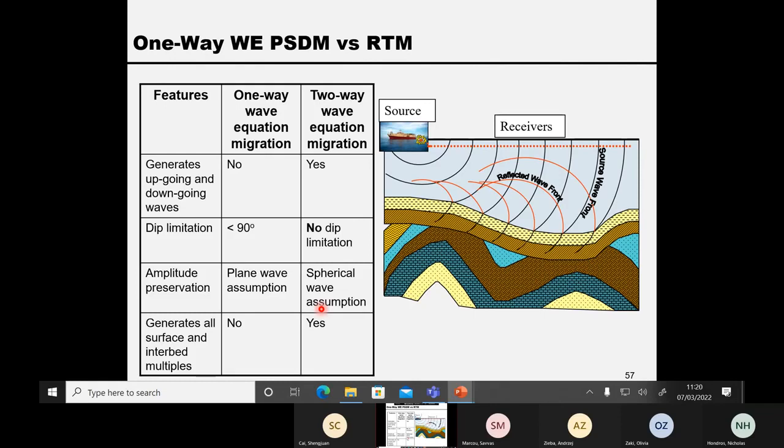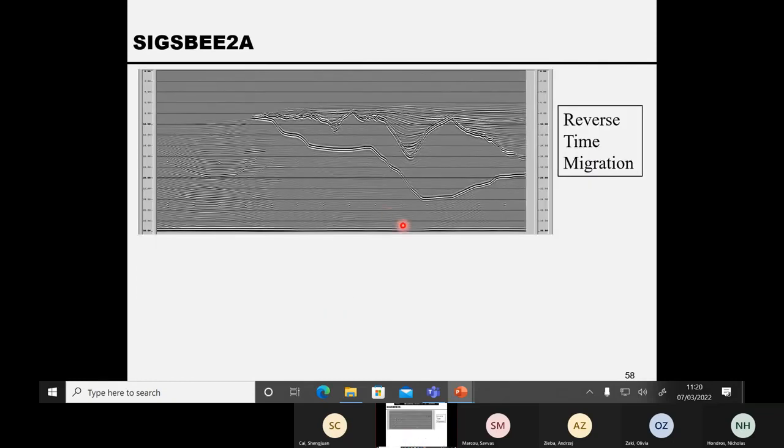Even though the wave field is amplitude preserved, the final image is the cross correlation. That's the reverse time migration result.